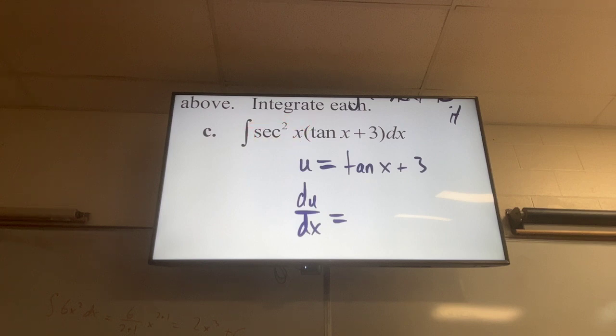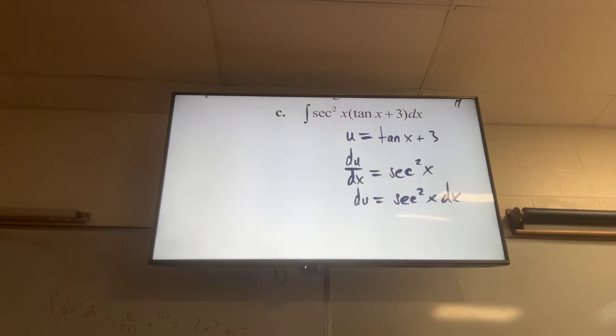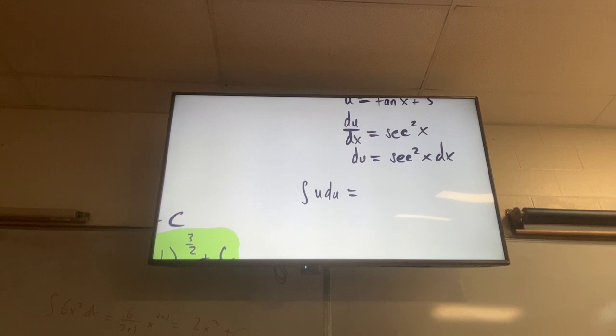So du equals secant squared x dx. So this integral becomes just the antiderivative of u du.